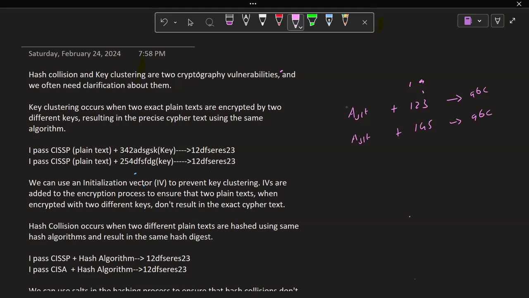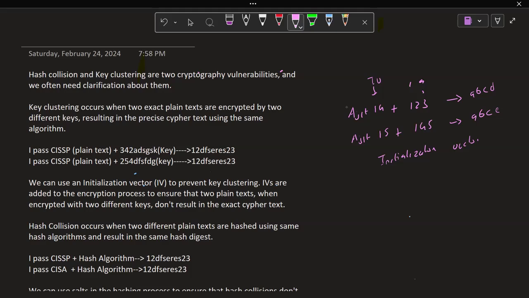In order to avoid this situation, we can use an initialization vector. These are random numbers added to the encryption process to ensure that two same plain texts, when encrypted by two different keys, don't result in the same ciphertext. Just for simplicity, I'm keeping it very simple. These are called IVs. So now when I add the IV and encrypt, it will result in a different ciphertext.